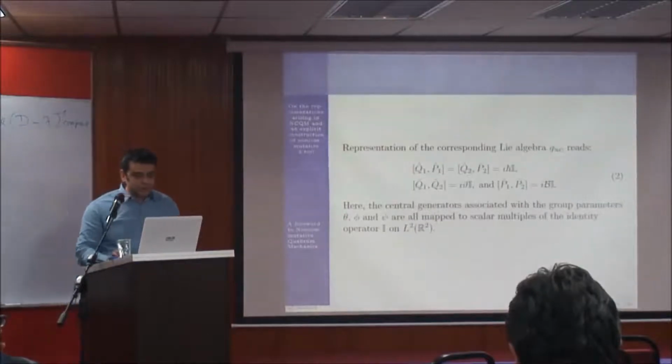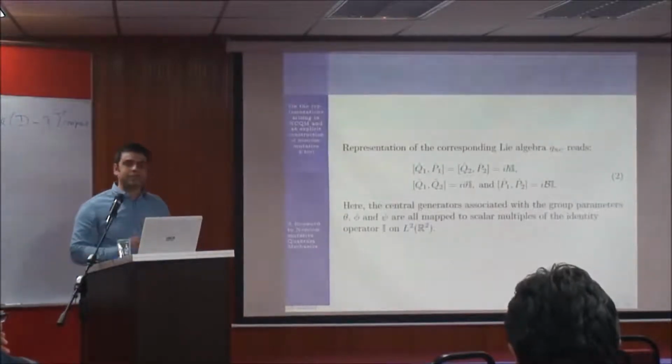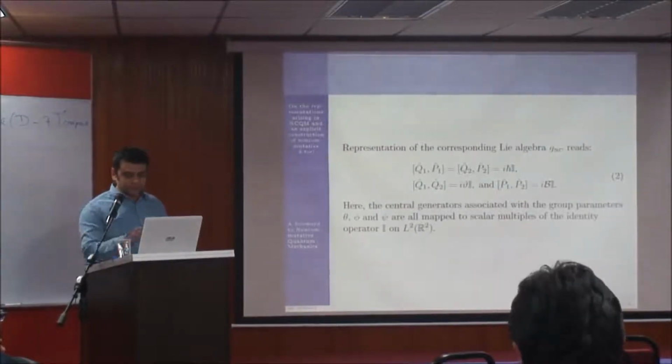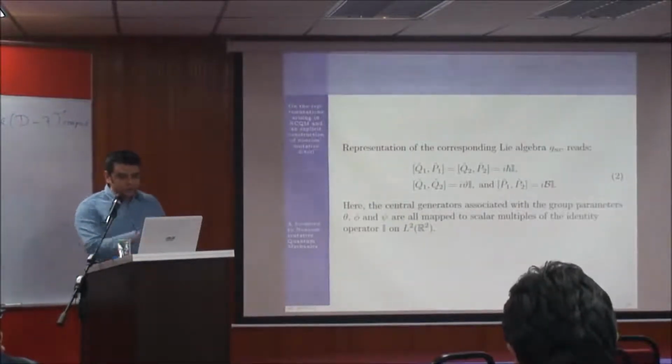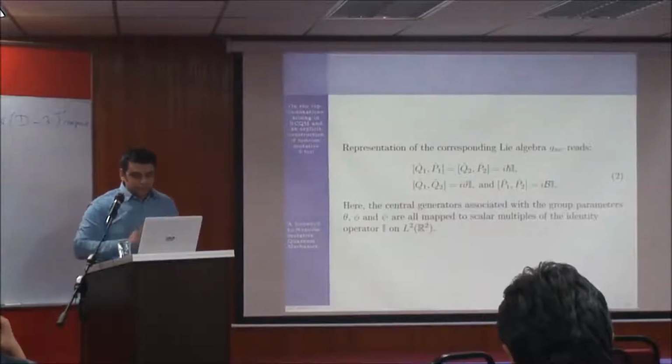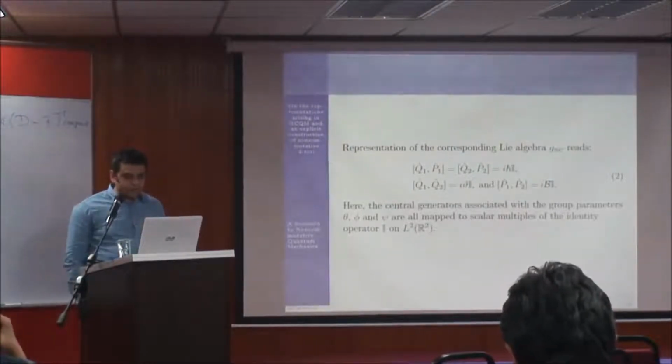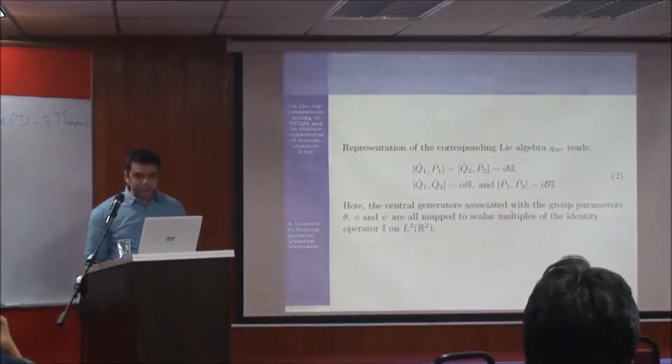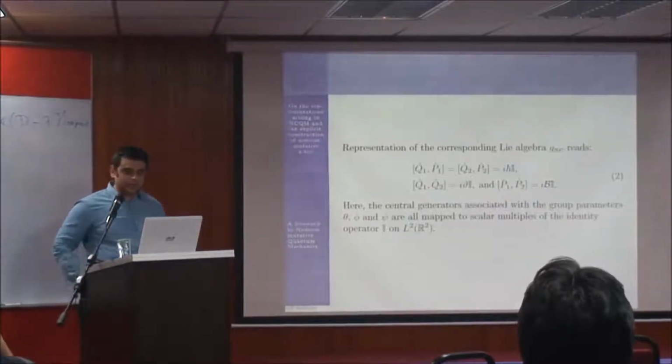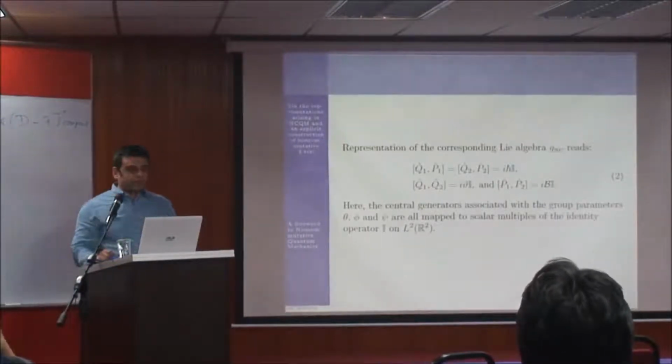Okay, so the resulting commutation relation of the 7-dimensional real Lie group that we study is the following. It's given by equation 2. Here you see that besides the h bar, we have two other parameters coming into play: theta and b.